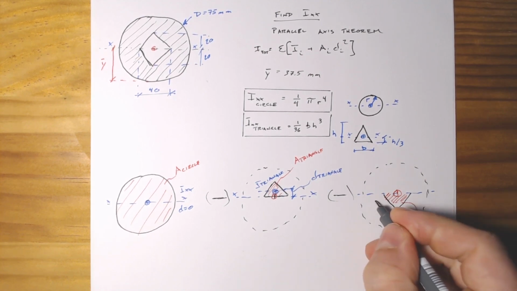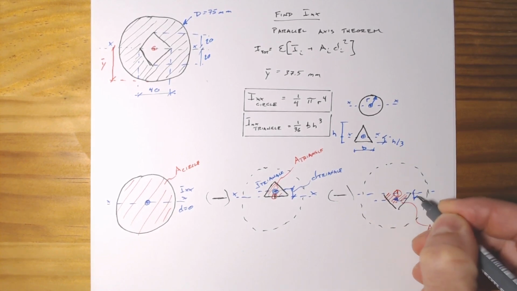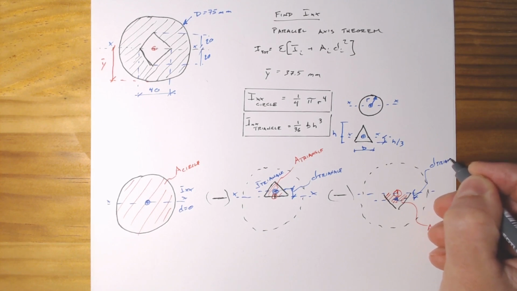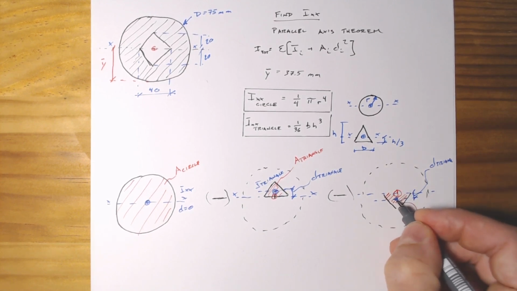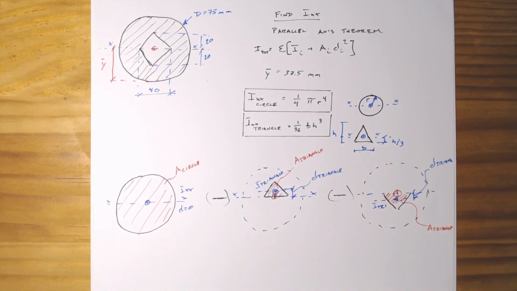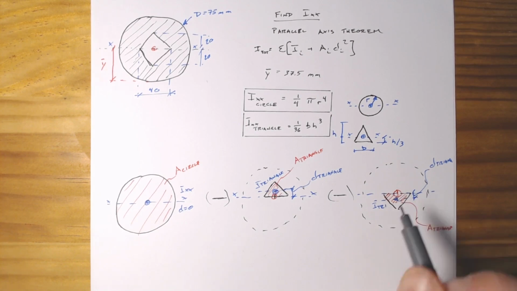It has its own centroid, and there'll be a distance d triangle between there, and it has its own moment of inertia about its own axis.